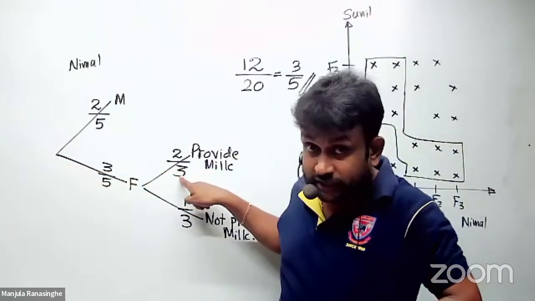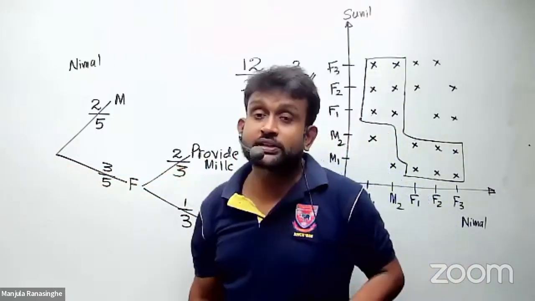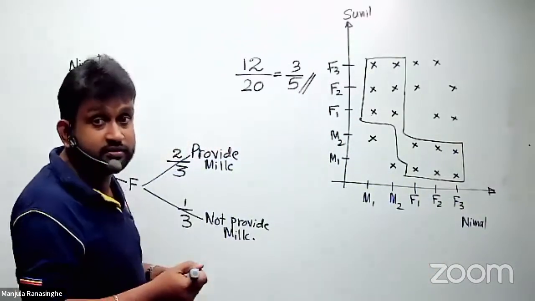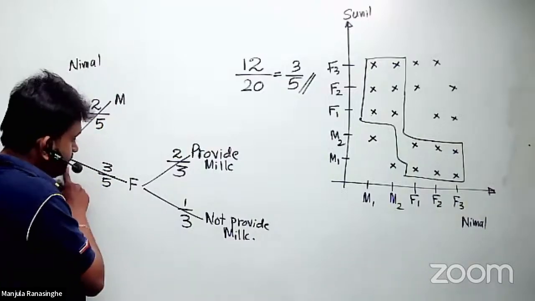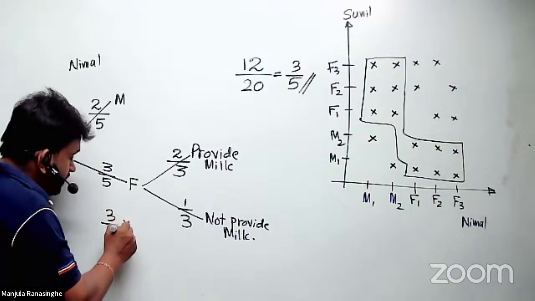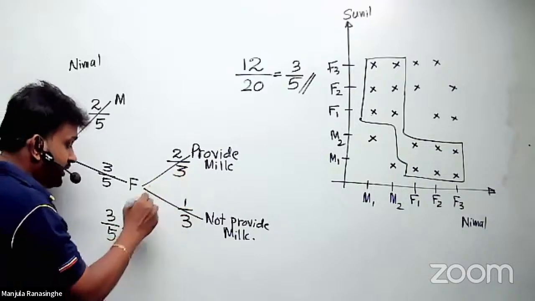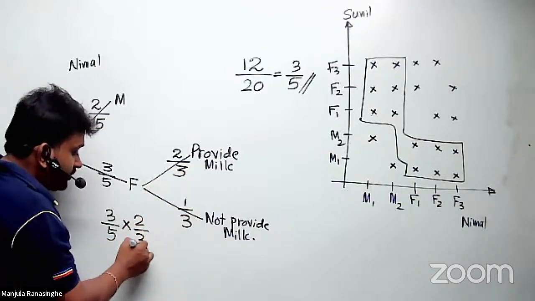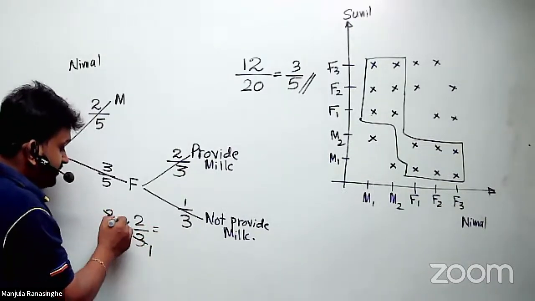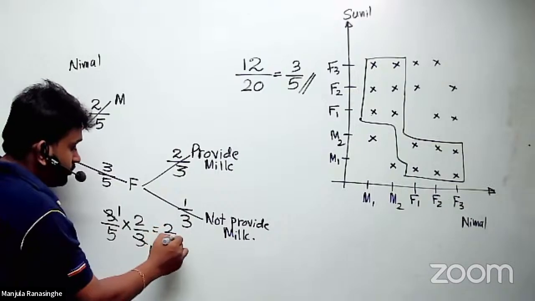You have to run through that branch, then multiply the probabilities together. Why? Based on the independence of the events. So you multiply being a female animal, 3 upon 5, and being milk provider, 2 upon 3. Just multiply these two together, then the 3 is cancelled, then 2 upon 5.